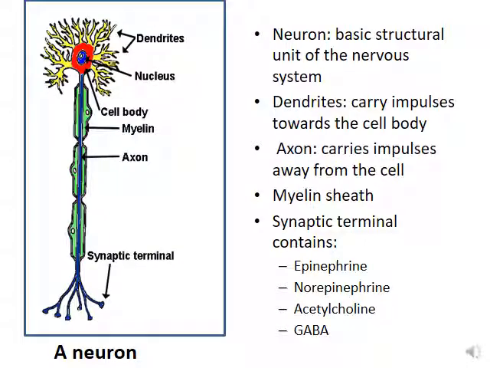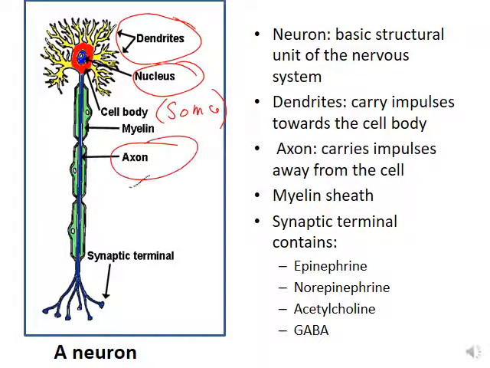So here, these are the dendrites, hair-like structures. Here, the nucleus. This is the cell body, called, as I said, the soma. Here, the myelin. The blue one is the axon. So the axon is this one, the blue one here. This region is the axon, and here the synaptic terminal. So the neuron is the basic structural unit of the nervous system.